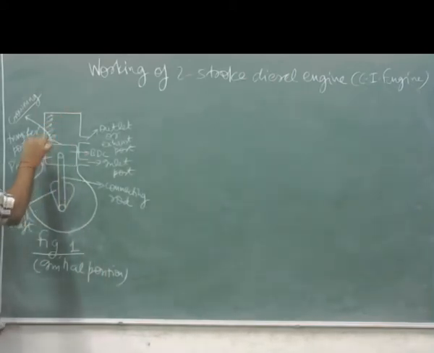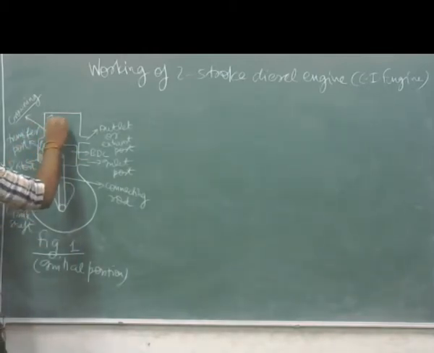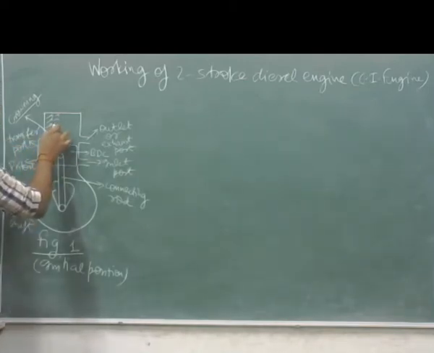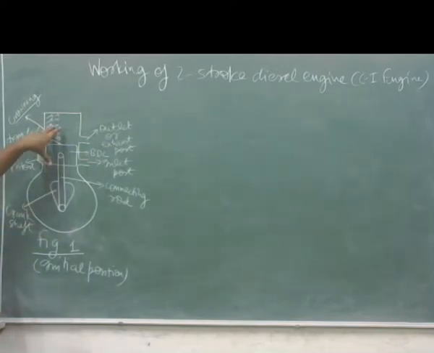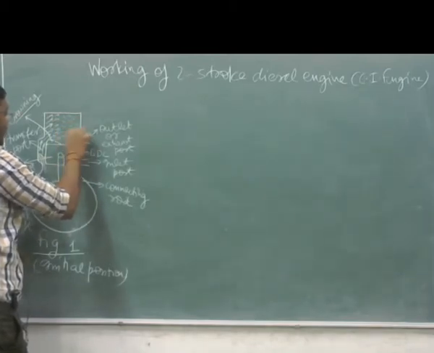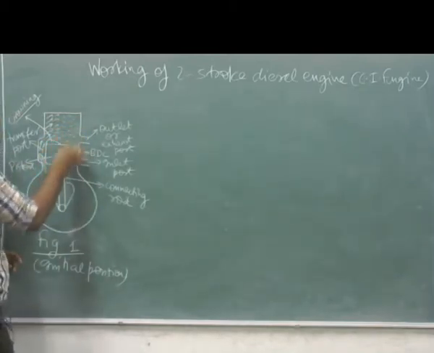Here, through the transfer port, some fresh air is present above the piston. This fresh air is already present here. How this fresh air comes here, I will explain later. For now you just need to know that fresh air is present above the piston. And in the right side of this fresh air, there are some exhaust gases.